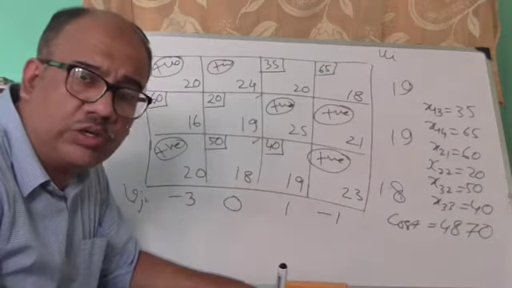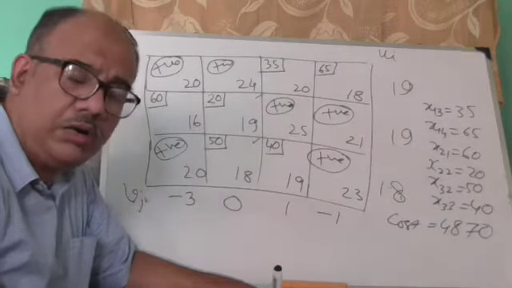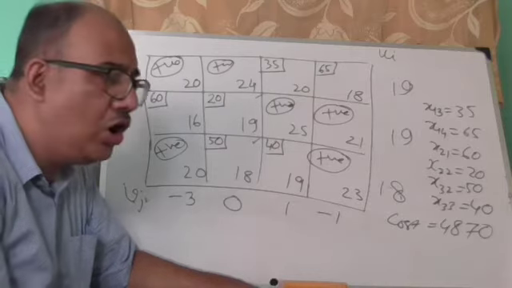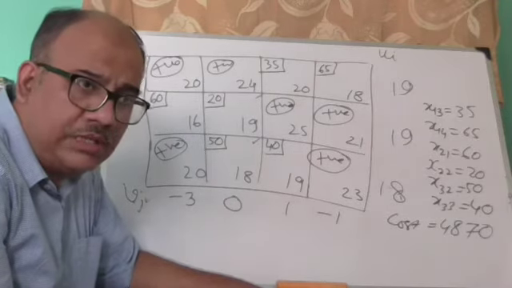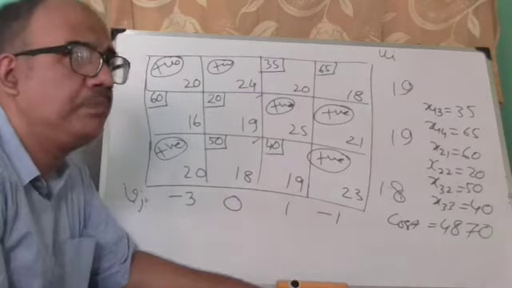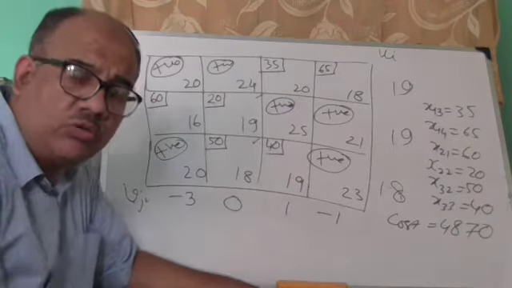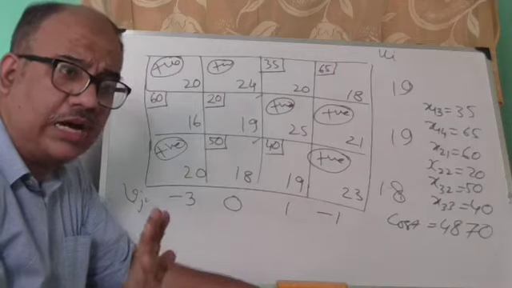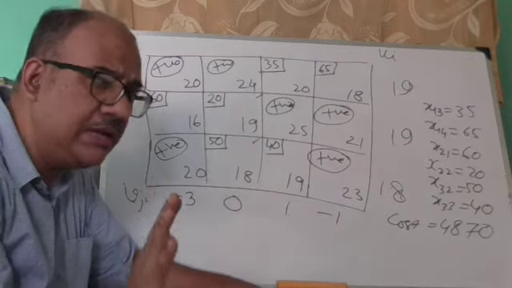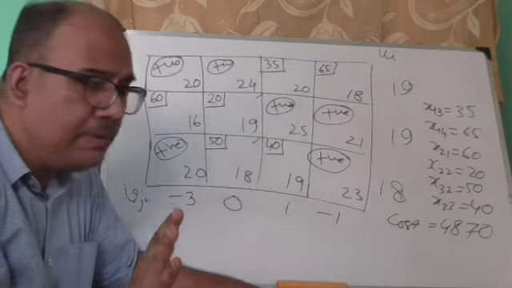Please do not use north-west corner method. Use VAM or matrix minima method. So after you find out the initial basic feasible solution, then you go to the optimality test. Third step is the optimality test.